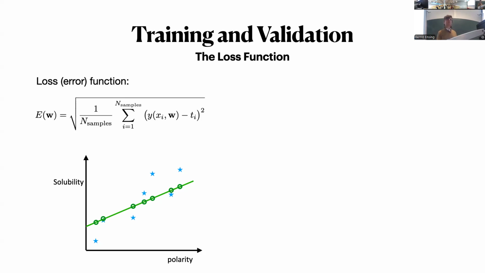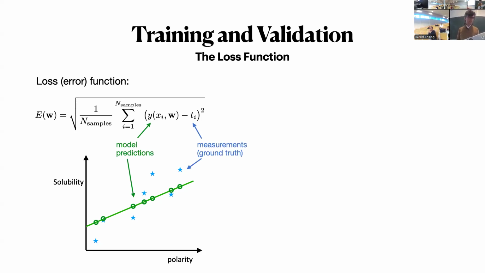And so how can we measure how good our model is? Well, we need to calculate the error, basically, of our model, right? This is called a loss function in machine learning lingo. And this is one that I think all of us have used because it's the least squares method, right? So I can just compare the model predictions, y.